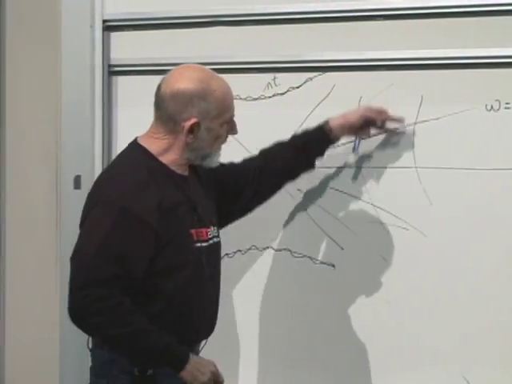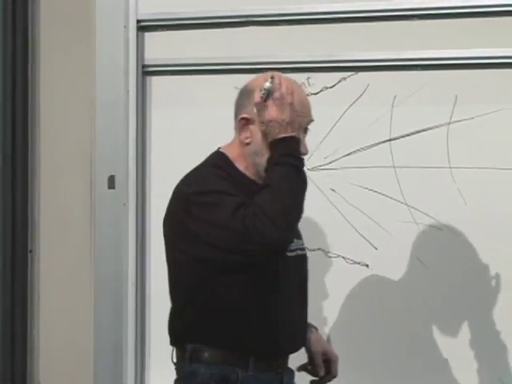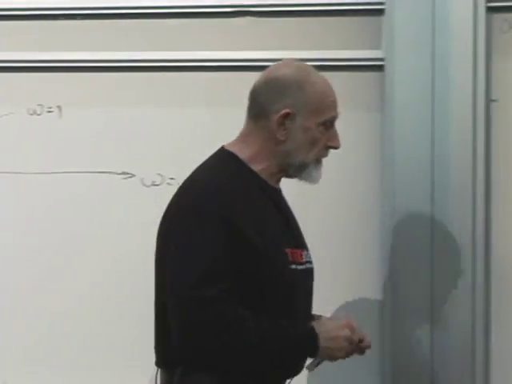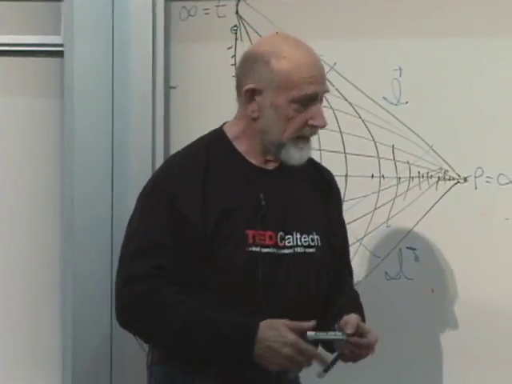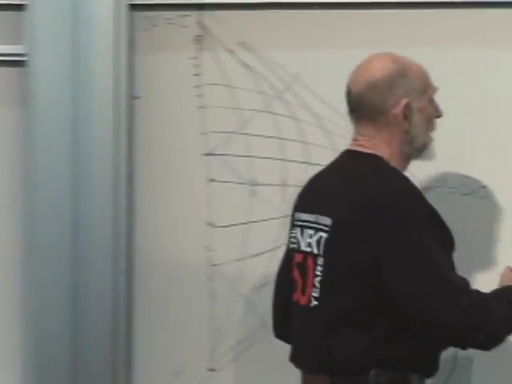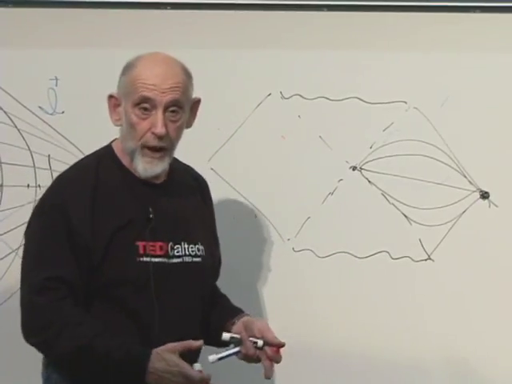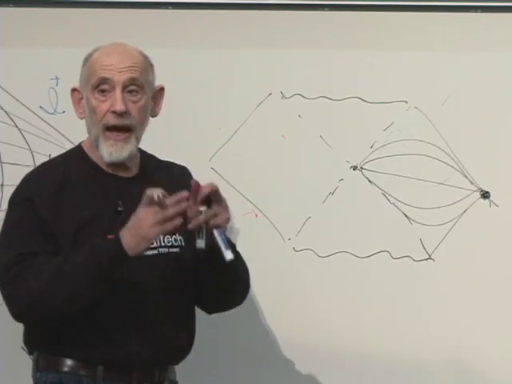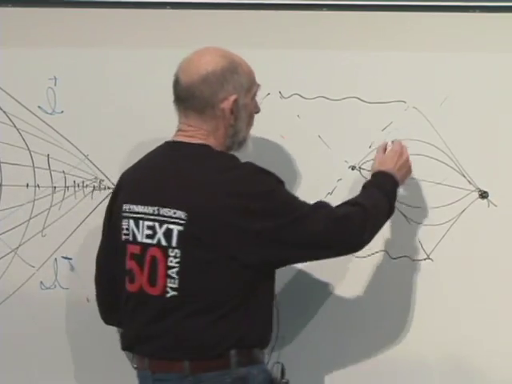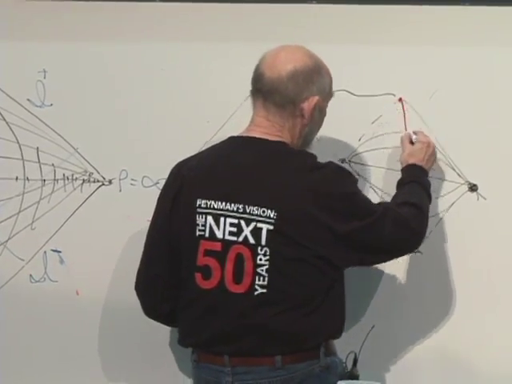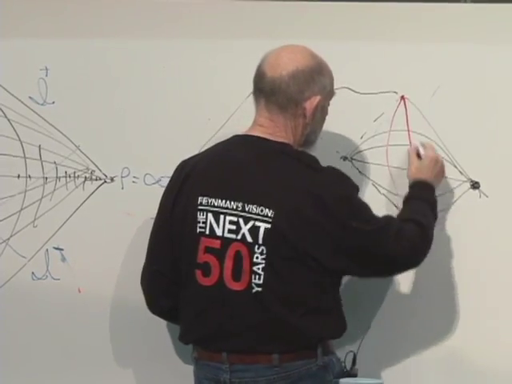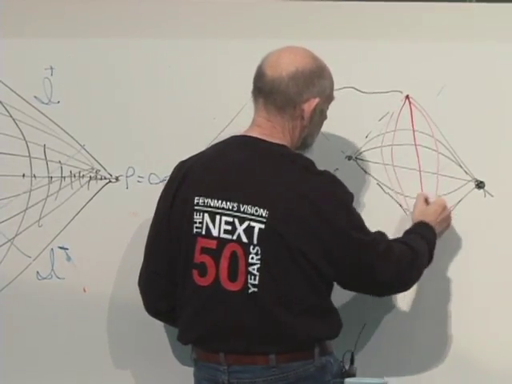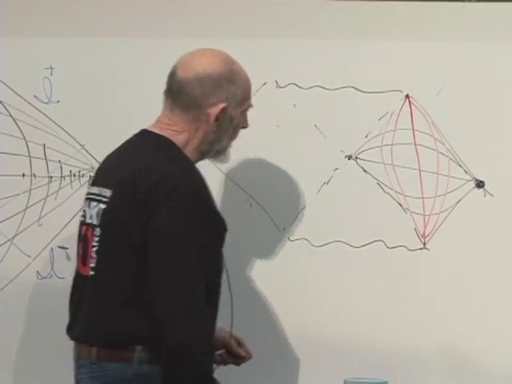Now let's look at different radial distances from the black hole. Different radial distances, I'm going to change color. These are observers, if you like, who are stationary outside the black hole. They go up to time infinity over here, and they look like this. Okay.